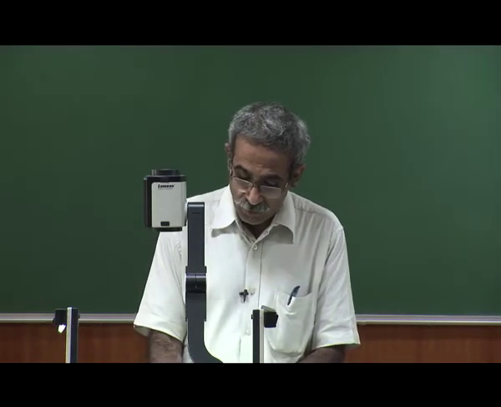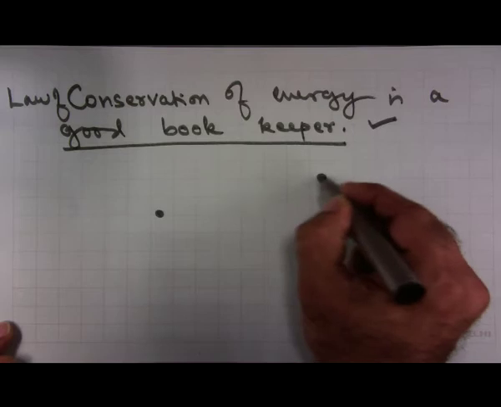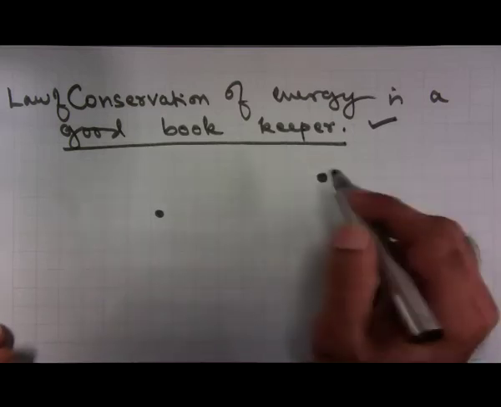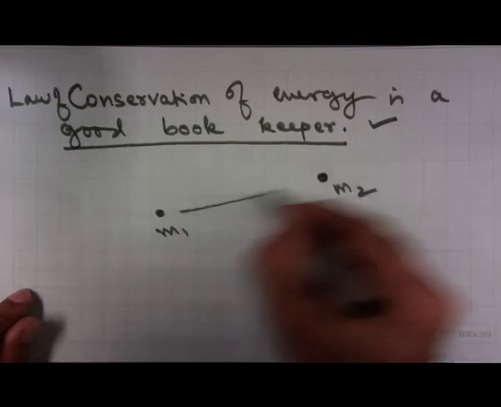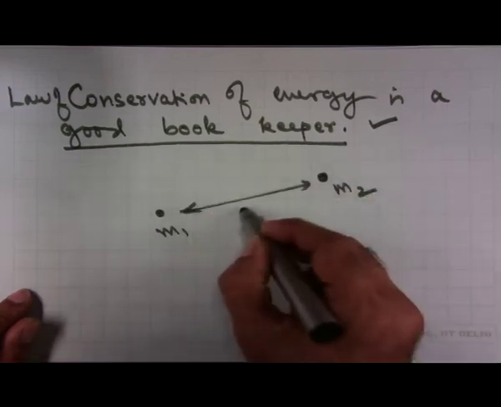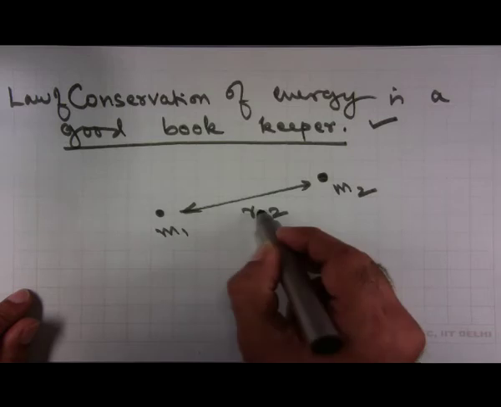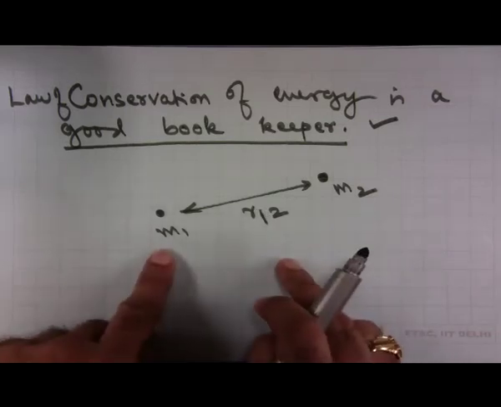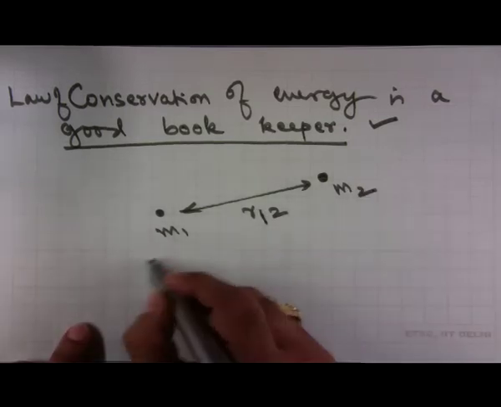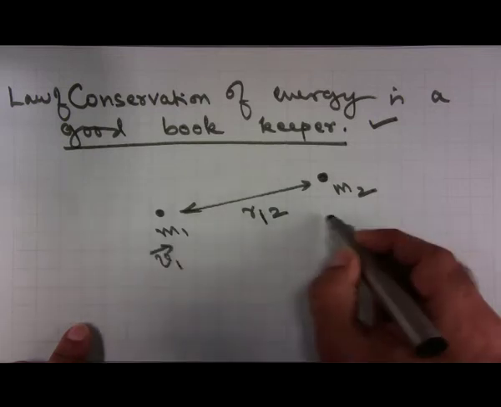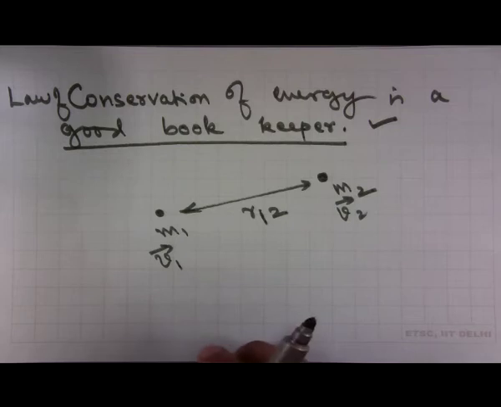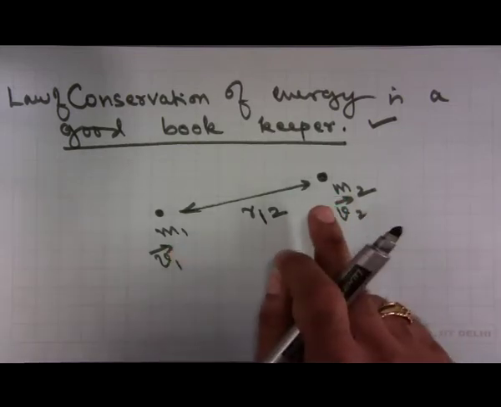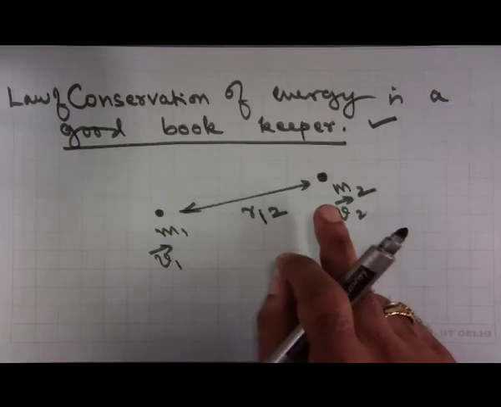As I told you, if you give me two masses, and let us say I know the initial velocity of mass m1 and the initial velocity of mass m2 and the initial distance between the two of them, then the subsequent motion of m1 and m2 can be completely solved in Newtonian gravitation.